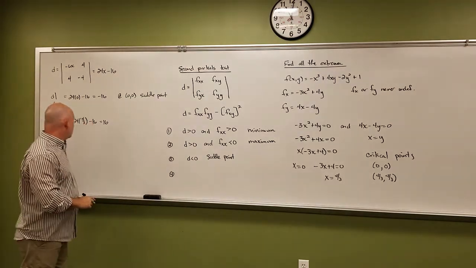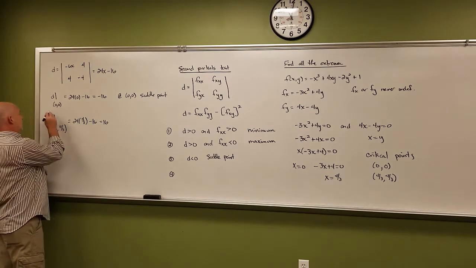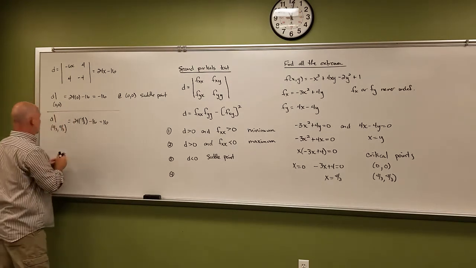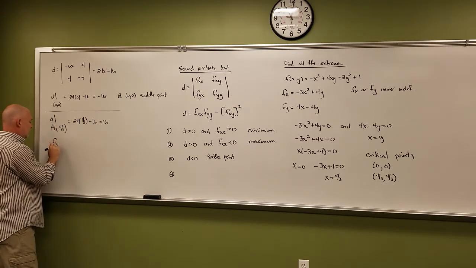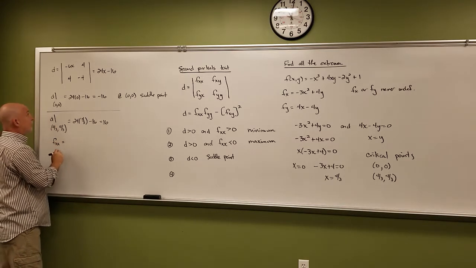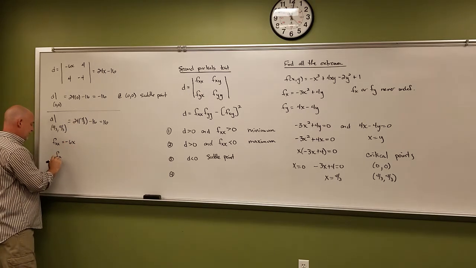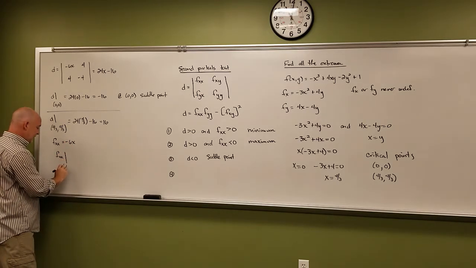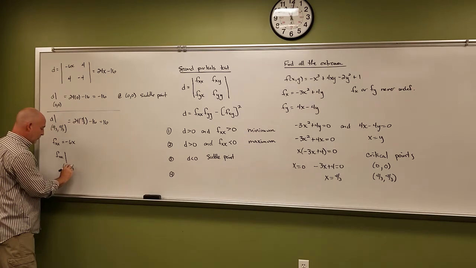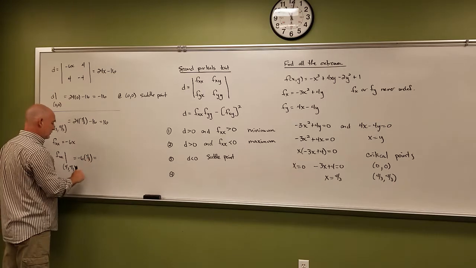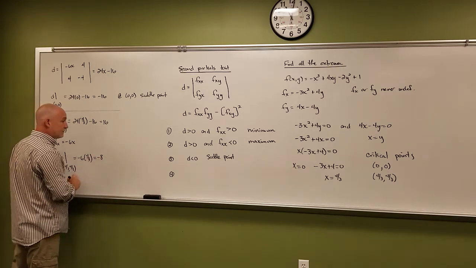So now we got to look at, I'm going to put kind of a line here. So now let's take a look at either f sub xx or f sub yy. F sub xx is negative 6x. F sub xx evaluated at our point, 4/3, 4/3, will be negative 6 times 4/3, which is negative 8.